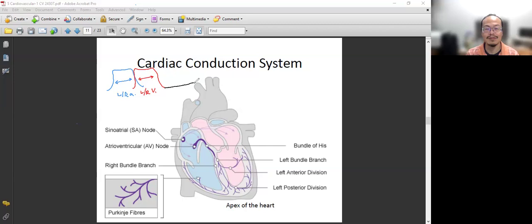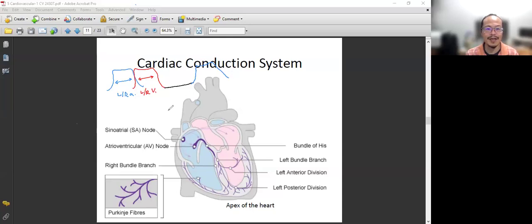And then you rest. And then you have another impulse, SA node, send signal to both left and right again. It will send signal to both left and right. It will excite both left and right. So you will have left and right action potential again.